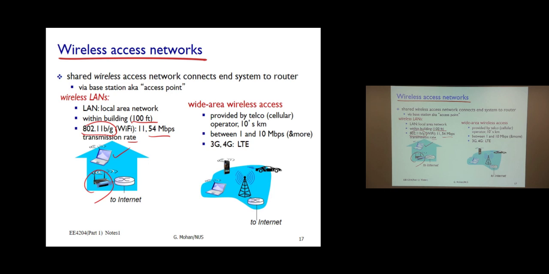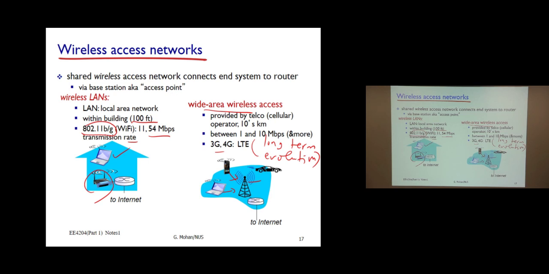On the other hand, when we say wide area wireless access, as I said before, this is based on the cellular mobile network. There's a cellular tower to which our systems are connected. We use, let's say, 3G or 4G. 4G is also called LTE, which stands for long term evolution. But now we are going towards 5G, maybe very soon, with higher data rates.